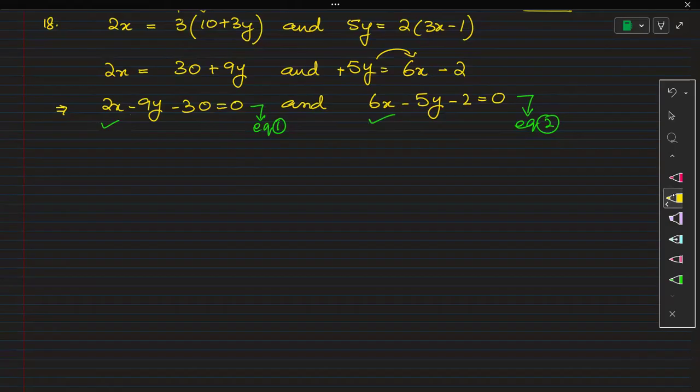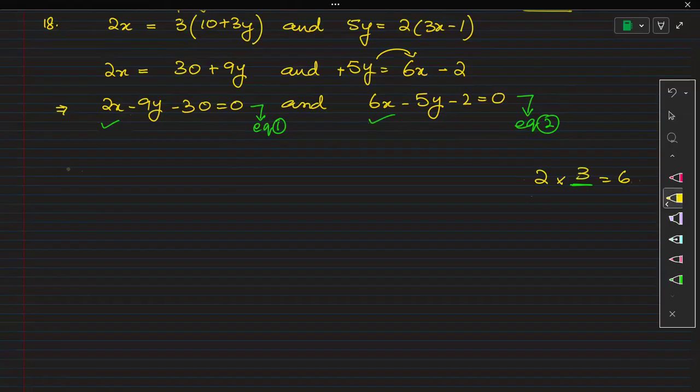So what number should I multiply with equation number 1 to make it 6x? What number should be multiplied? I have to multiply with 3, right? This is clear?